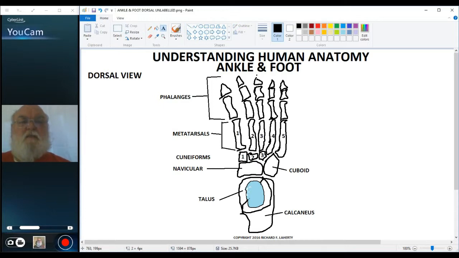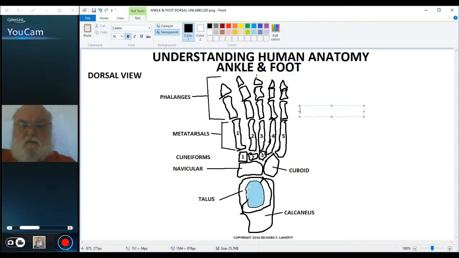So we have the proximal, the middle, and the distal phalange.